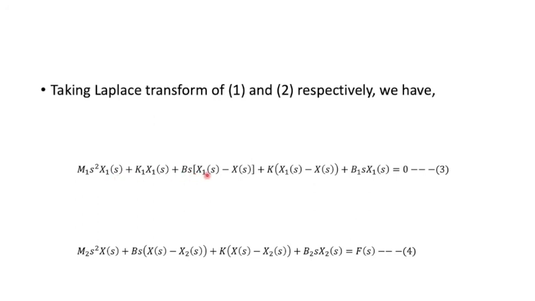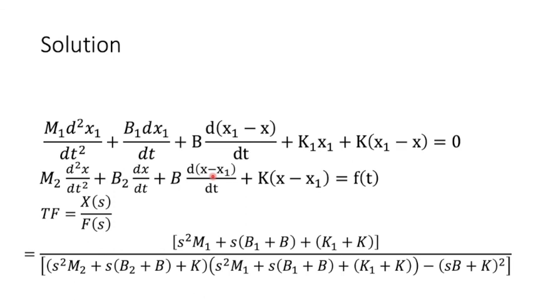For the first derivative, the Laplace equivalent is s into X1(s). Now rearranging these two equations, we get the final equation of the transfer function X(s) by F(s) as shown in this equation. So the final solution is writing the differential equations and finding the transfer function.